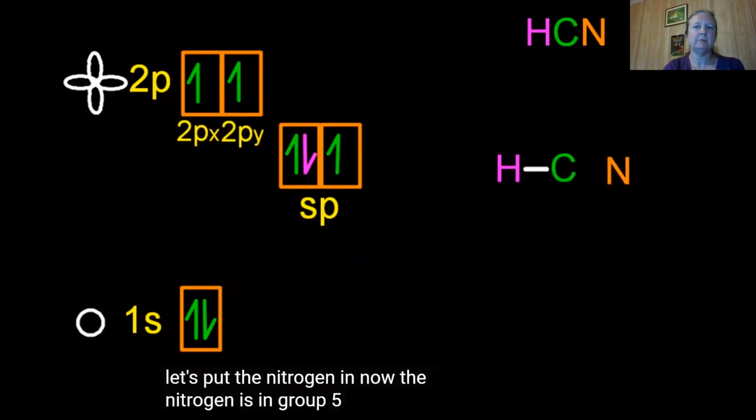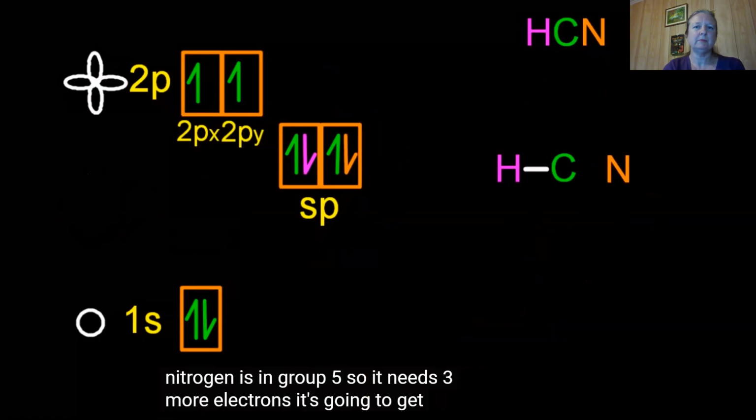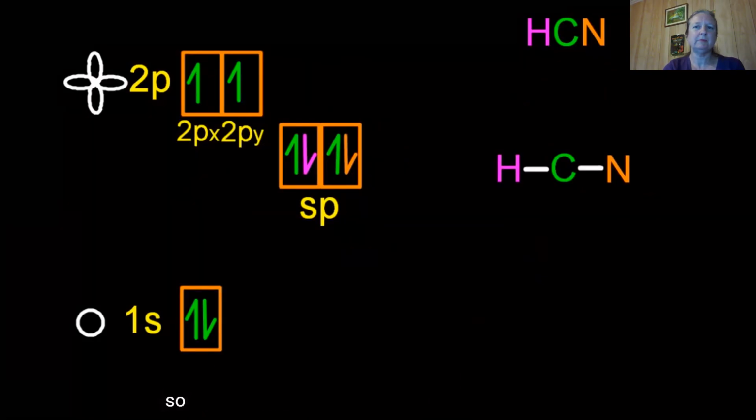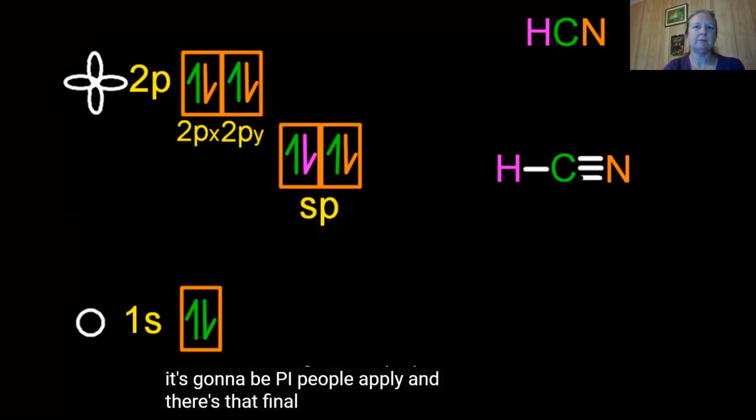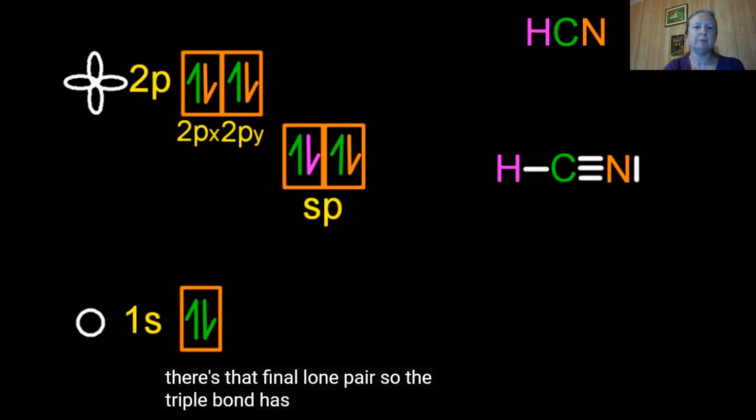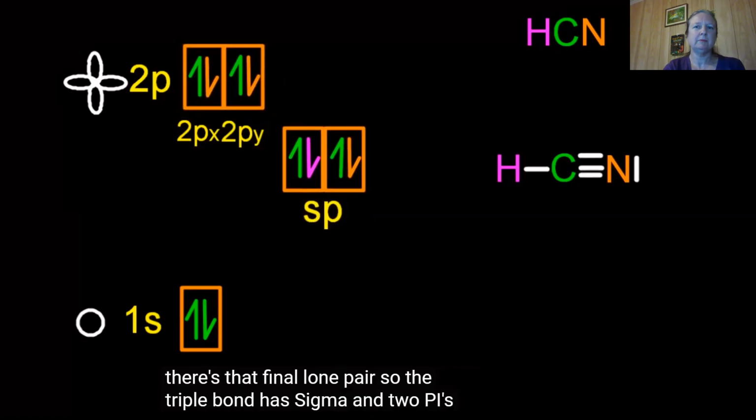Now the nitrogen's in group 5, so it needs 3 more electrons. So that's kind of going to be propellery, it's going to be pi, p propeller pi. And there's that final lone pair. So the triple bond has a sigma and 2 pi's.